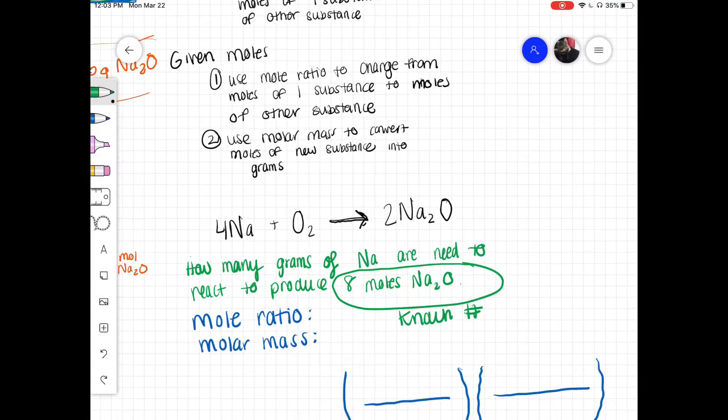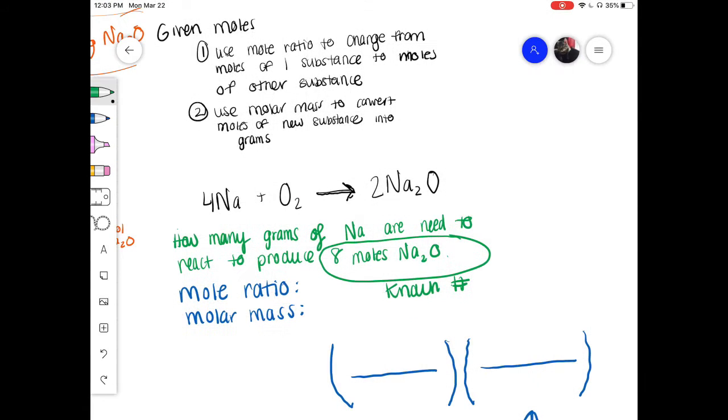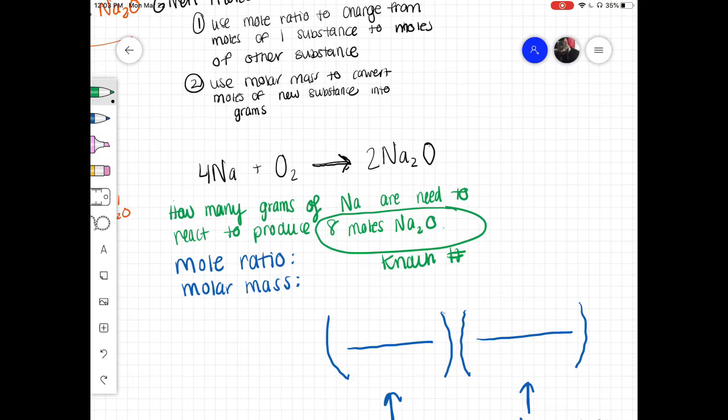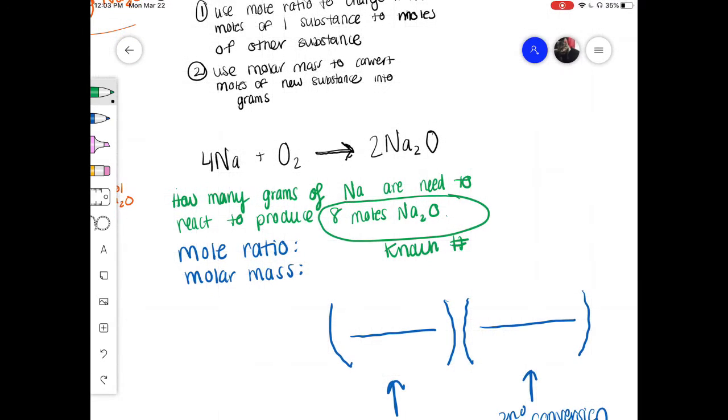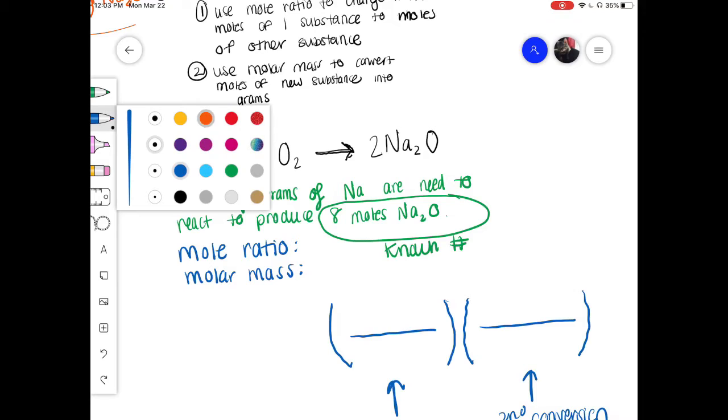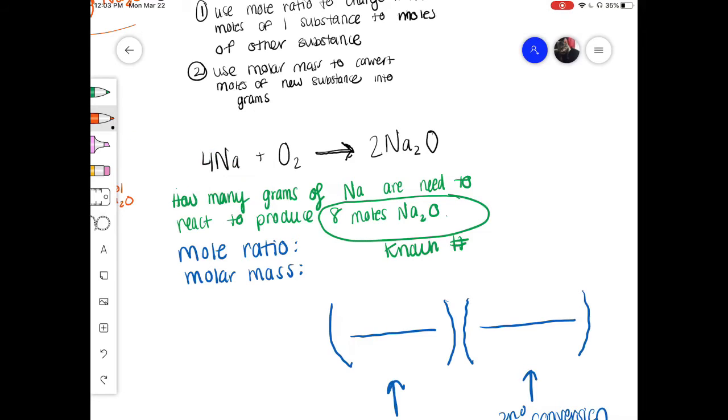So our question that we mentioned earlier was how many grams of Na are needed to react to produce 8 moles of Na2O? Our known number that we start with is the number they give us: 8 moles of Na2O. Then they want us to find how many grams of Na.